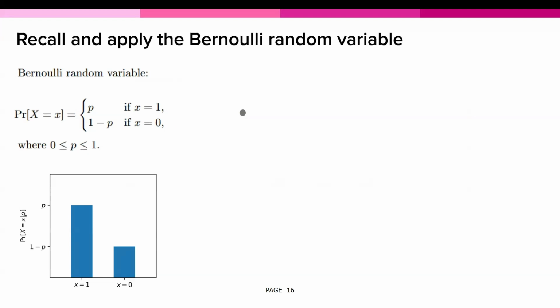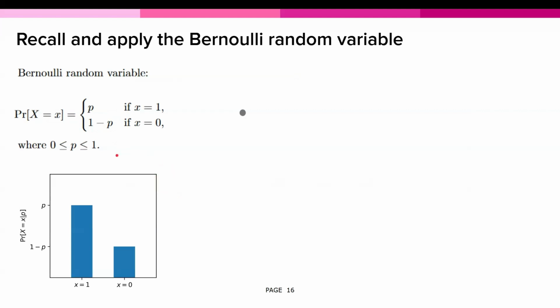And so for a quick recap, a Bernoulli random variable is parameterized by p, which can take on any value in the range of 0 to 1. So a single parameter fully specifies the probability mass function for the two possibilities of a binary random variable x, as the total probability must always sum to 1. If a random variable x takes on a value of 1 with probability p, it'll take on a value of 0 with a probability of 1 minus p. So this makes total sense in our cat adoption scenario, because if a cat has a 90% chance of getting adopted, there's a 10% chance that it won't.